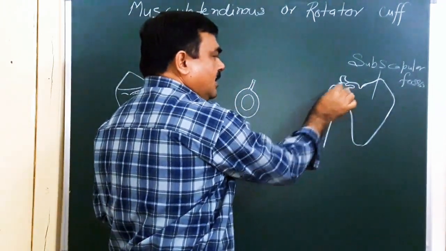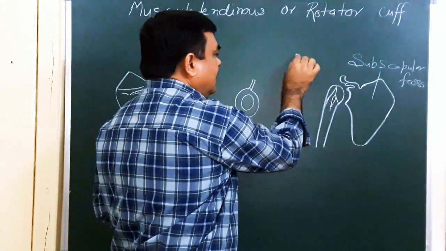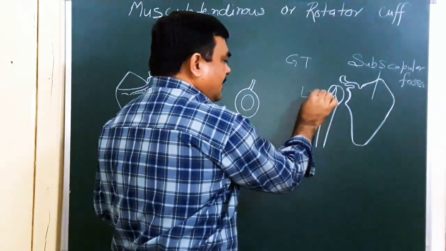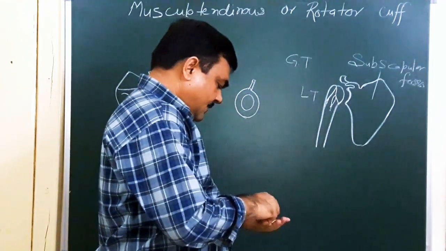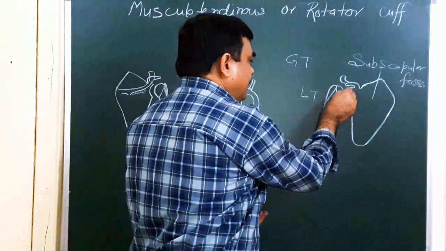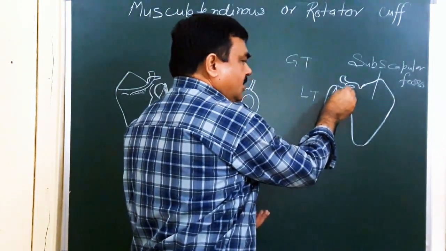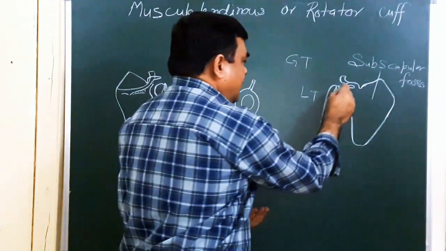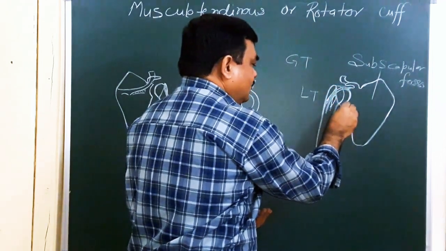Here is greater tubercle. This is lesser tubercle. And this is bicipital groove. Here a muscle is present, that is long head of the biceps. And here is position of the capsule of the shoulder joint.